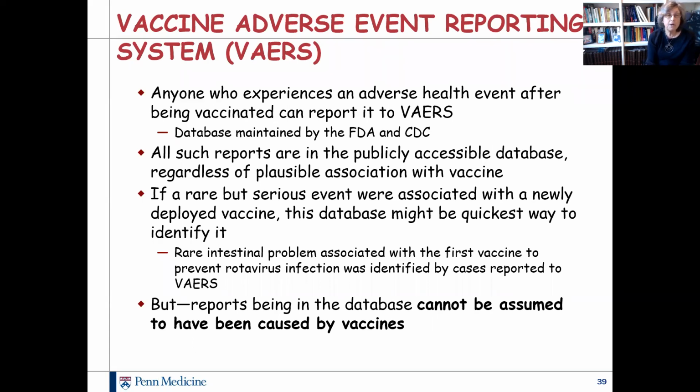If a rare but serious event were associated with a newly deployed vaccine, this database, however messy it is, might actually be the quickest way to identify it. This database was essential in identifying a rare intestinal problem associated with the first rotavirus vaccine. But reports being in the database certainly cannot be assumed to have been caused by vaccines.